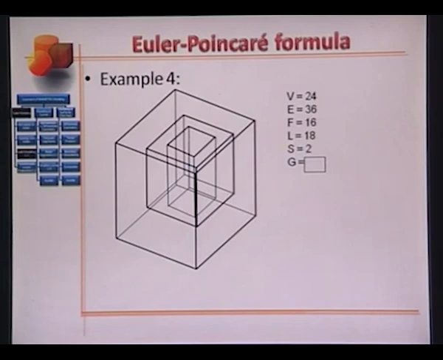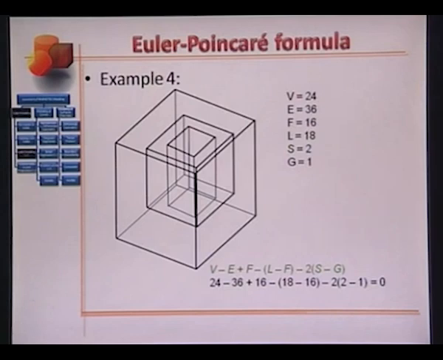Note that the bounding surface corresponding to the two inner blocks looks like a torus. It has a handle, so the genus value will be 1. If we look at the Euler-Poincare formula and feed in all these values, we see that the relation holds. The right hand side of the formula turns out to be 0.